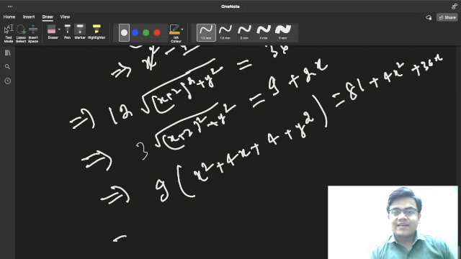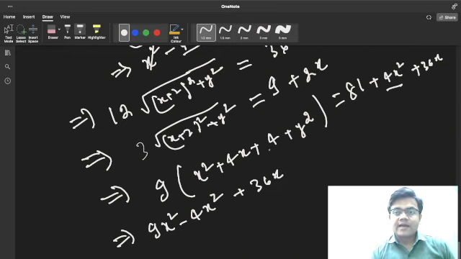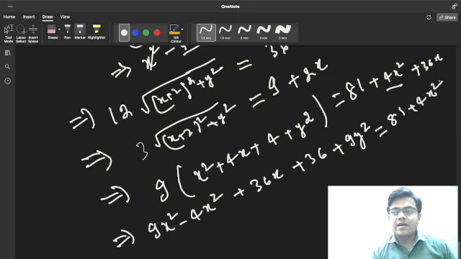So finally you are going to see 9x square minus 4x square, and 9 times 4 is 36x, so plus 36x, and 9 times 4 is 36, plus 9y square equals 81 plus 4x square. 4x square has already been taken into the LHS, that is here minus 4x square.